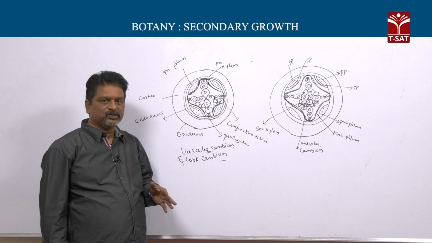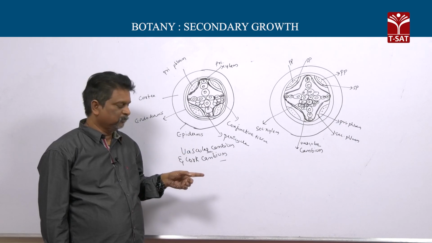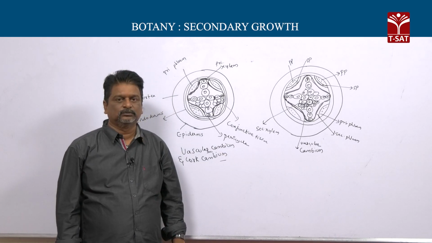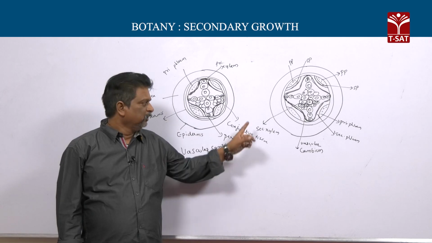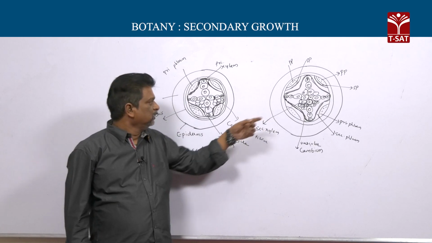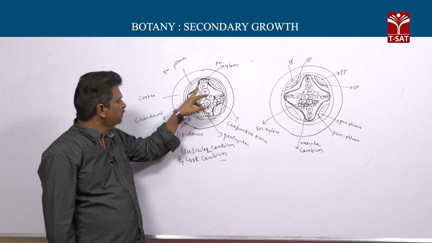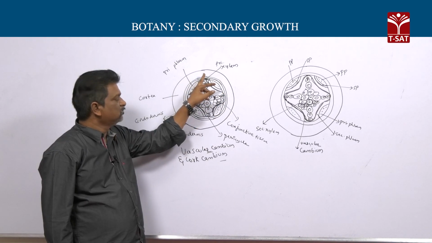Then extrastellar secondary growth also occurs in dicot root, which is similar to dicot stem. Like in a dicot stem, even in a dicot root, due to formation of secondary xylem and secondary phloem, a pressure is developed on outer tissues.